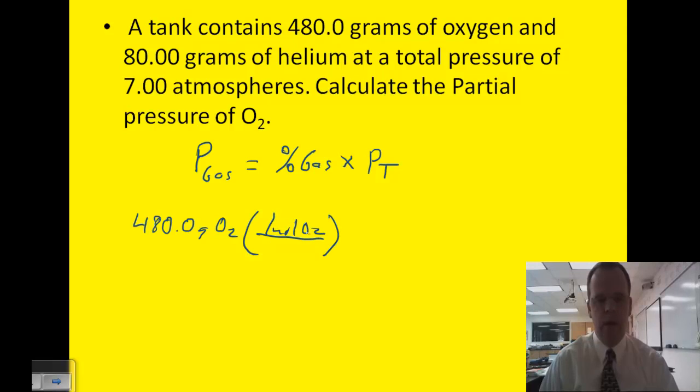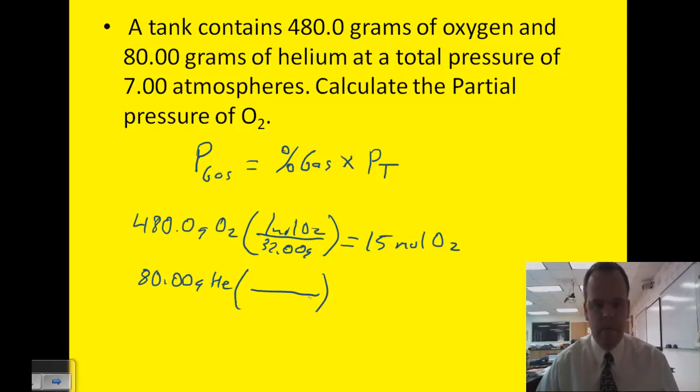So 1 mole O2 over 32 grams, we get 15 moles of oxygen. You do the same thing with helium. One mole of helium, and helium is 4.00 grams per mole. You get 20 moles of helium.